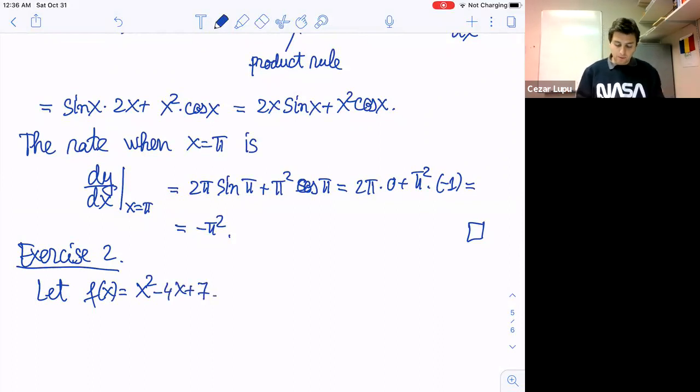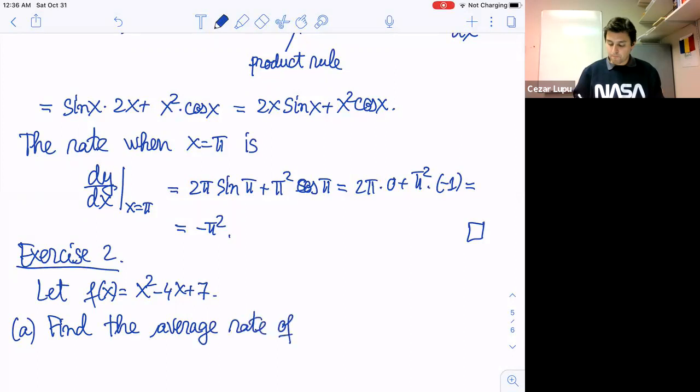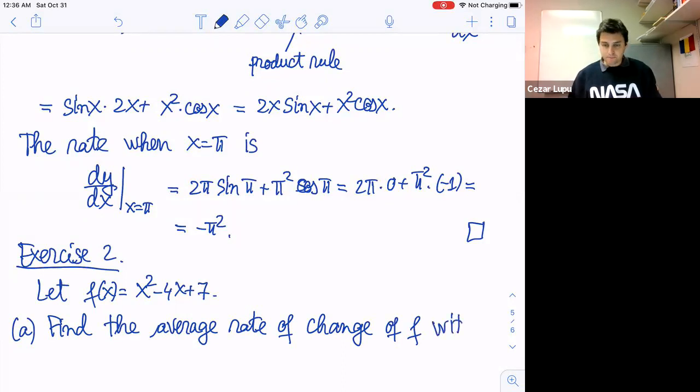And now we're interested in 2 things. So the first thing is to find the average rate of change of my function f with respect to x, let's say between 3 and 5.